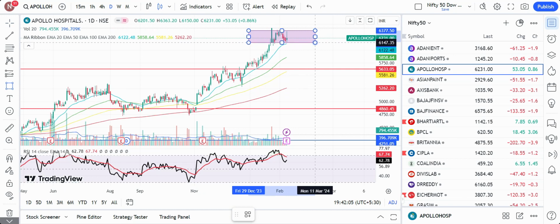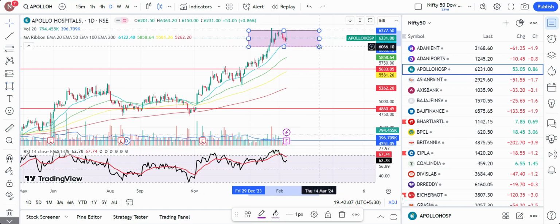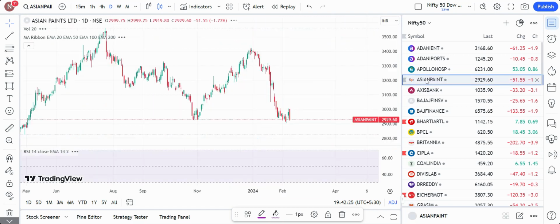So you can add this to your watch list. And once it breaks out of consolidation, either you can enter once the daily breakout candle closes above this area, or you can wait for it to retest and then enter. But let's go to the next stock now.